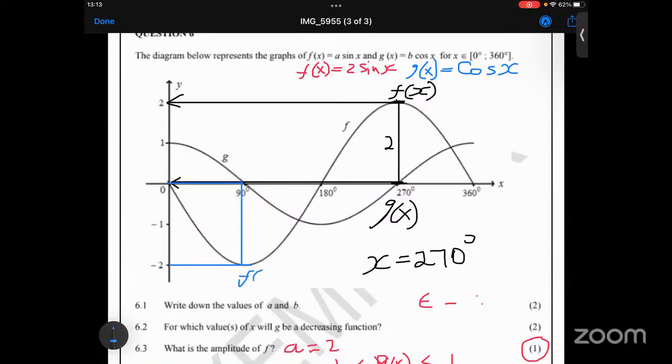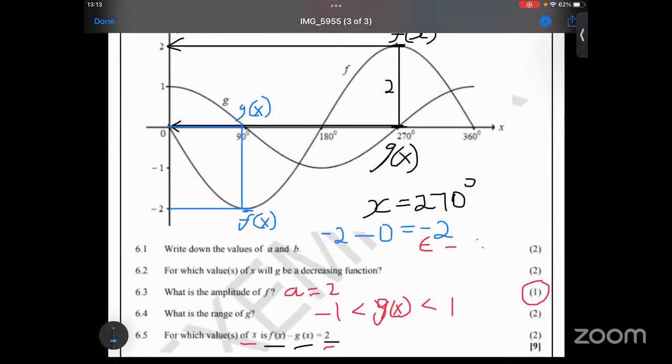This is the one for f, and then that one there, it is the one for g. So f of X at that point, it is -2. And you need to minus it by G of X. G of X at that point is 0. The answer that you get there, it gives you -2 and not 2. So that one cannot work.